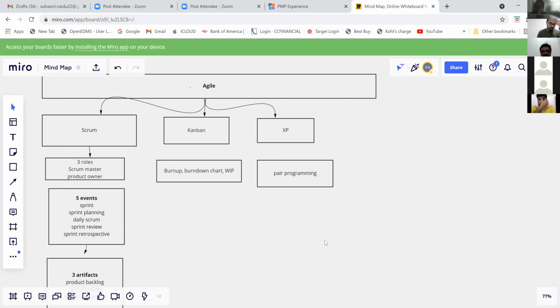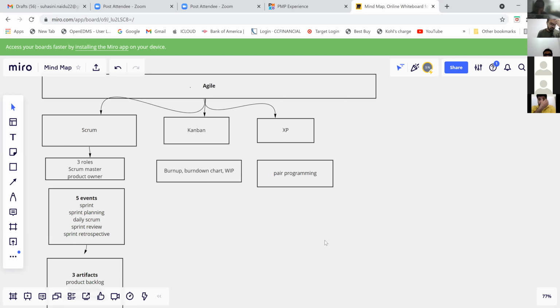Then we have Scrum's 5 events. The sprint is a fixed duration, 2 to 4 weeks, and contains the events. Then sprint planning, which includes the sprint backlog and plans how work will be committed. Then the daily Scrum, where you replan every day.